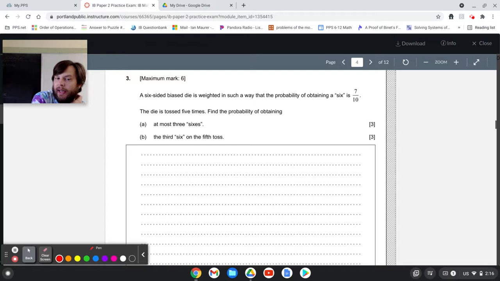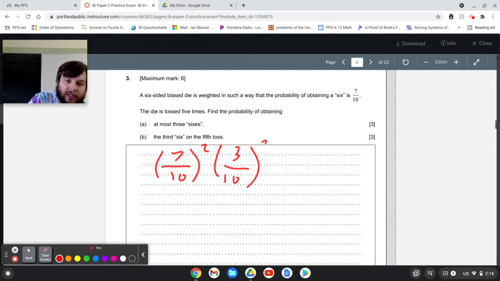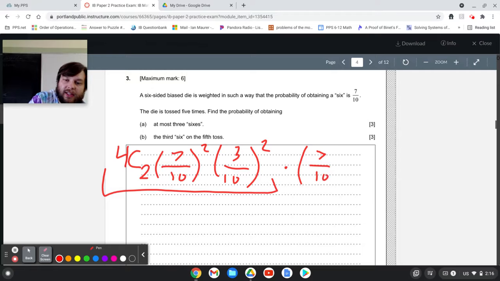If I had 2 sixes in the first 4 tosses, that means I have 7/10 squared, 3/10 squared, because those are 4 tosses, 2 are sixes and 2 are not. And there are 4 tosses, and I'm choosing 2 of them to be sixes. Then I multiply all of that, because this is just the first 4 tosses, by 7/10 to account for the fifth toss.